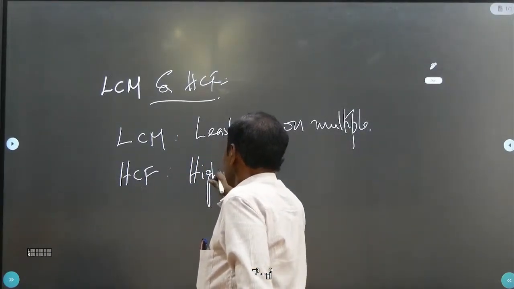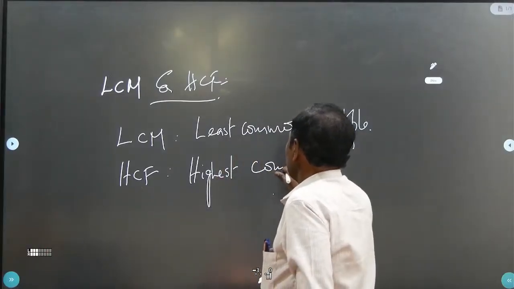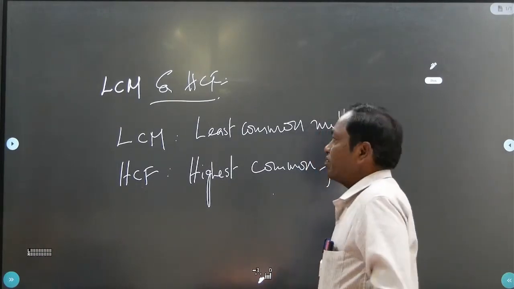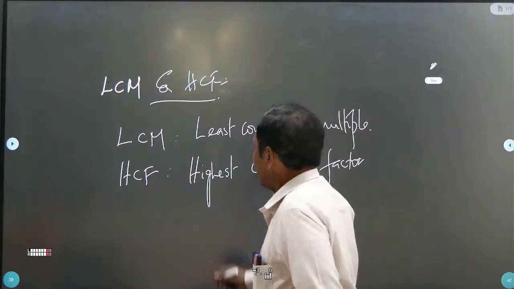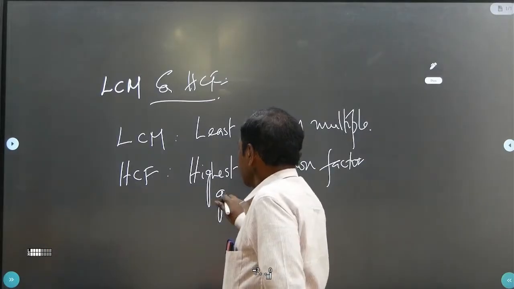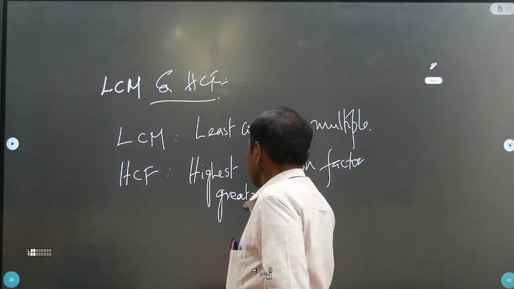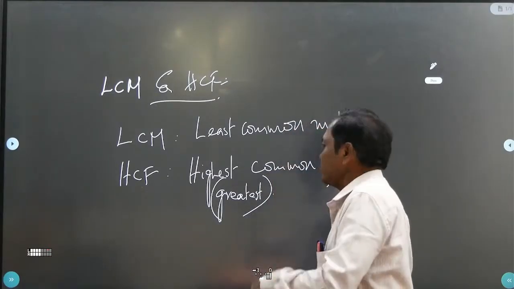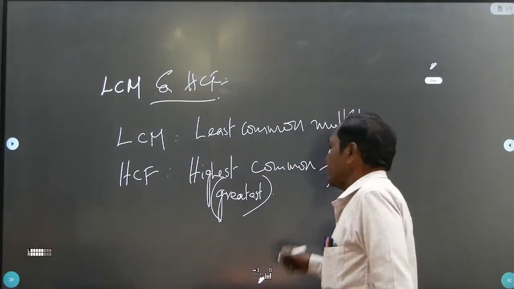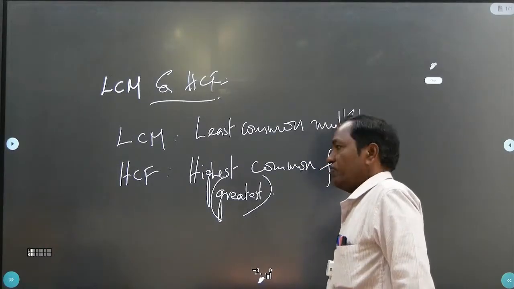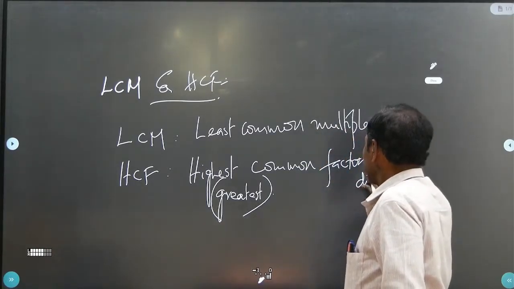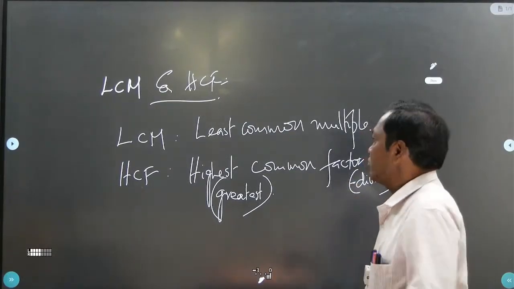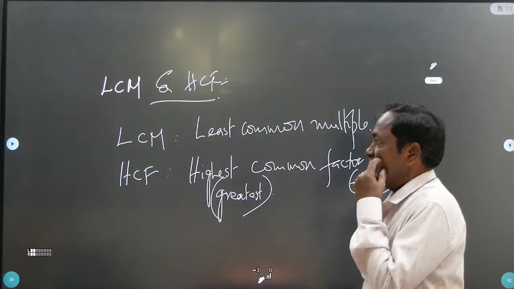Highest common factor. Even greatest also can be said. It can be said as greatest common factor, greatest common divisor. Factor, or you can say divisor also. Both can be said. That's highest common.